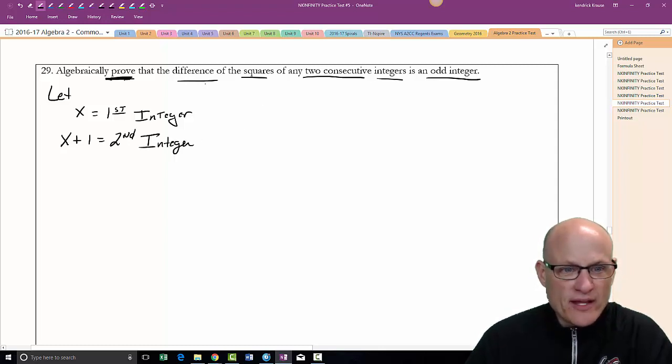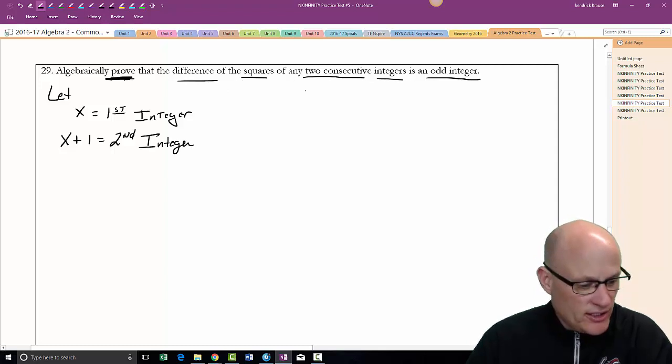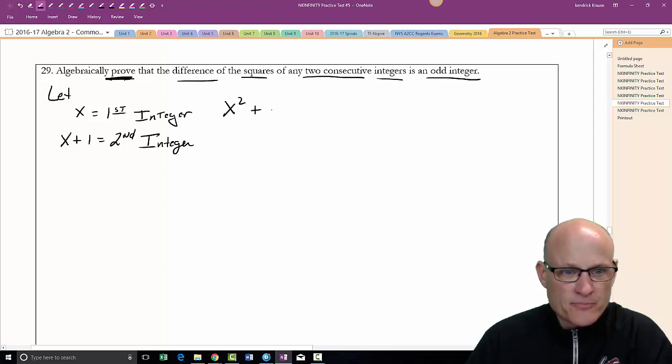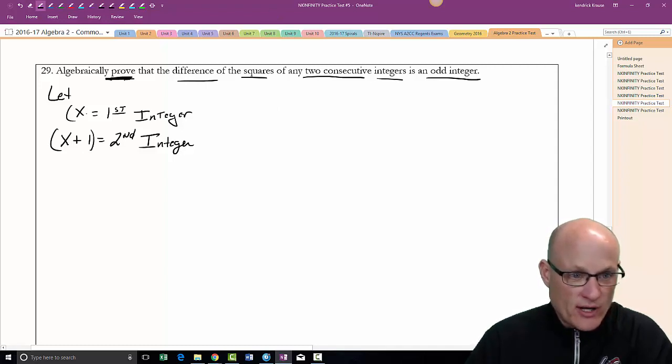It said, prove that the difference of two squares of any consecutive integers is odd. Well, we're taking the difference, so we probably should take the larger one and subtract off this one.